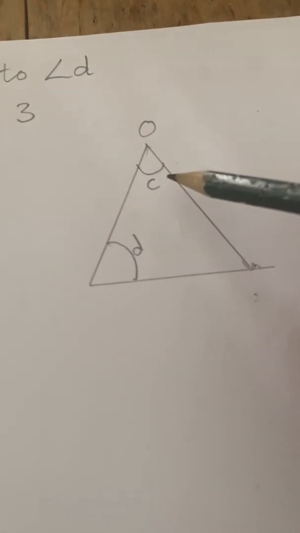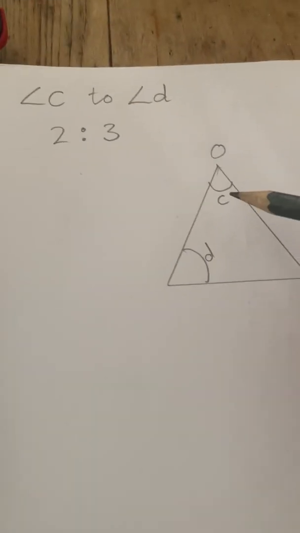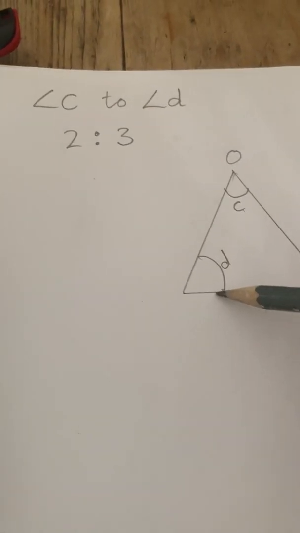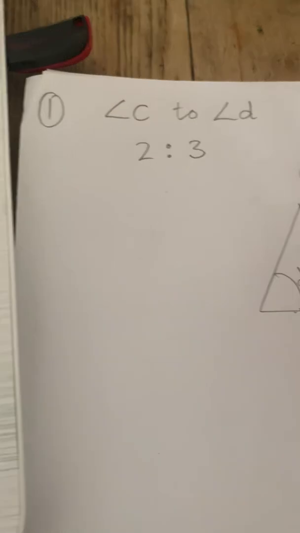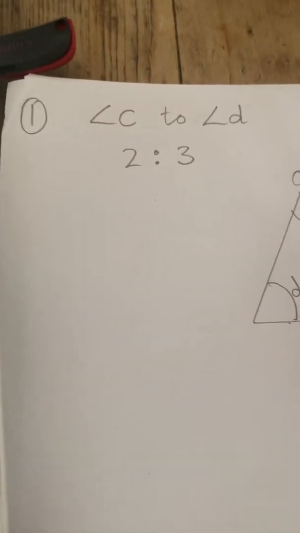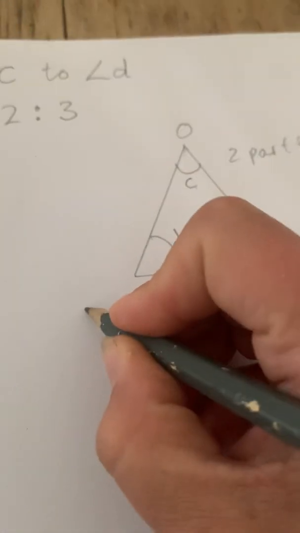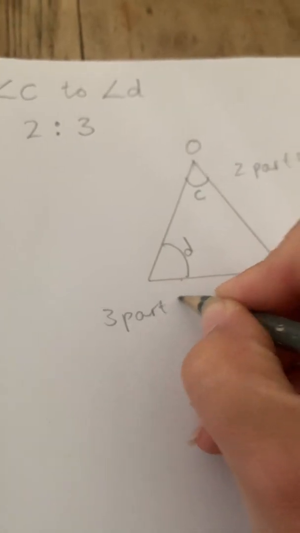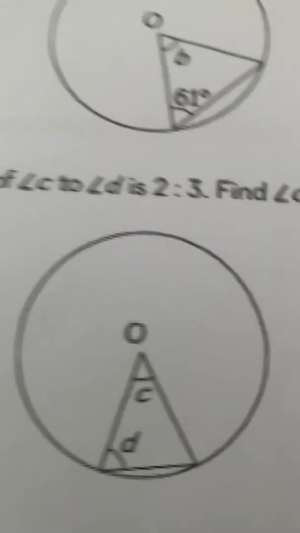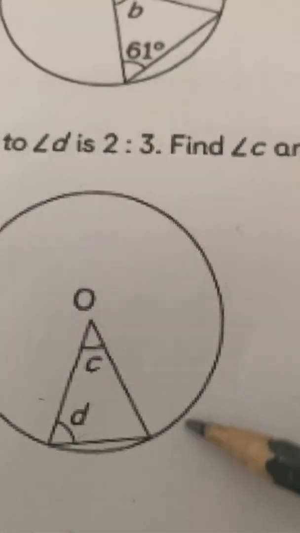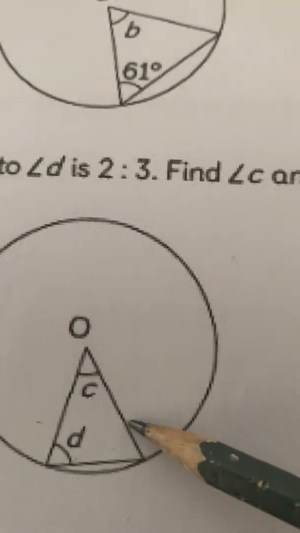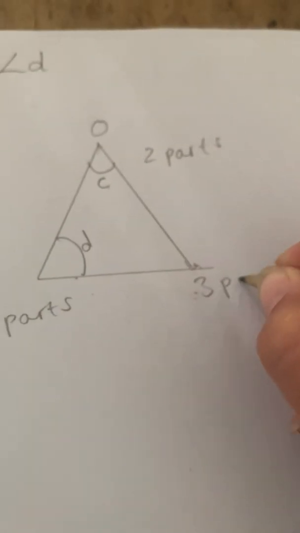Now I've drawn a little sketch here. It's not entirely accurate, but it's just so I can see C and D. Now I know that C is 2 parts, and I know that D is 3 parts. And also looking at the diagram here, I can see that D is going to be the same as this angle here. So that's going to be another 3 parts.